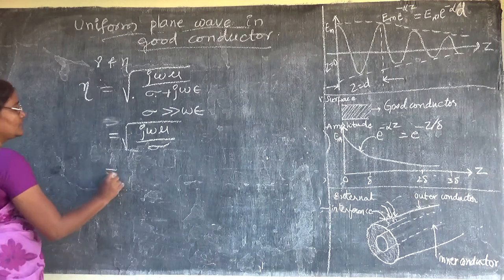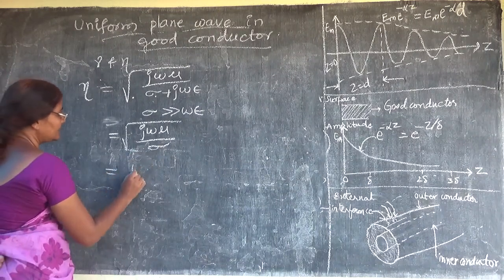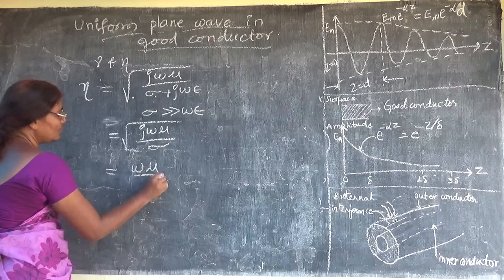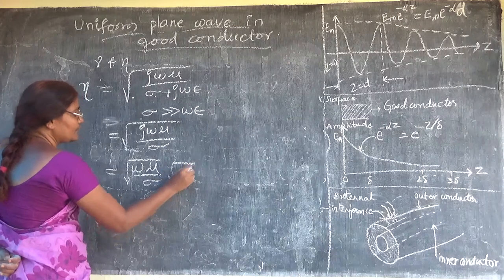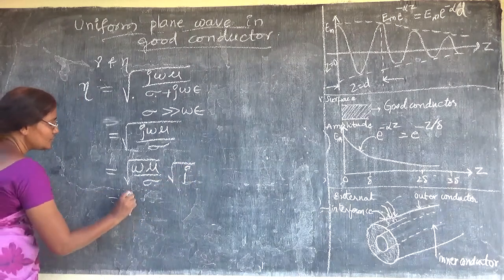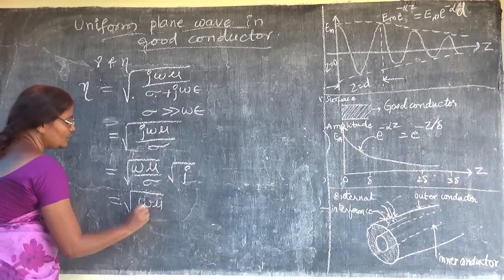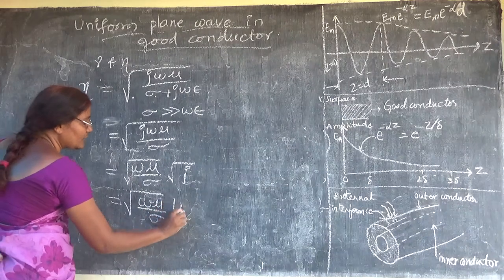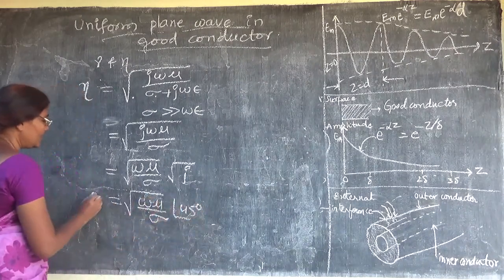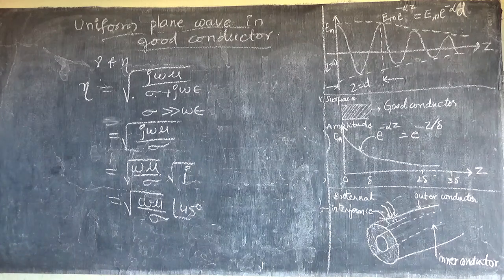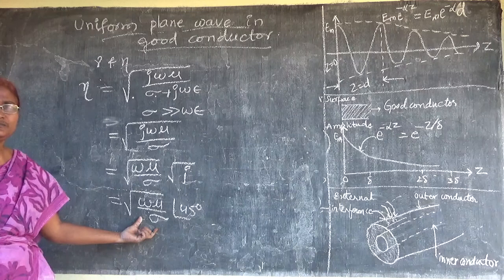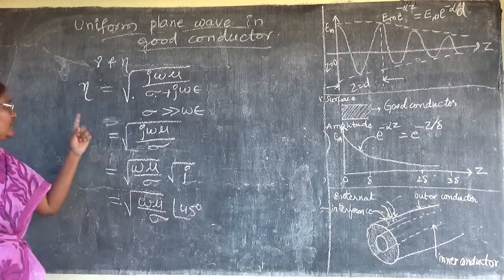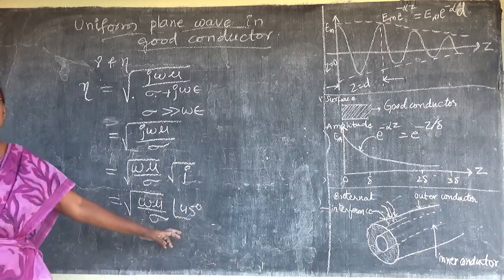Now what I can write is omega mu by sigma under root and root of j. Again, how can we write this? Root of omega mu by sigma with angle 45 degrees. So you should observe one thing, that the maximum angle we can get for the intrinsic impedance will be 45 degrees.